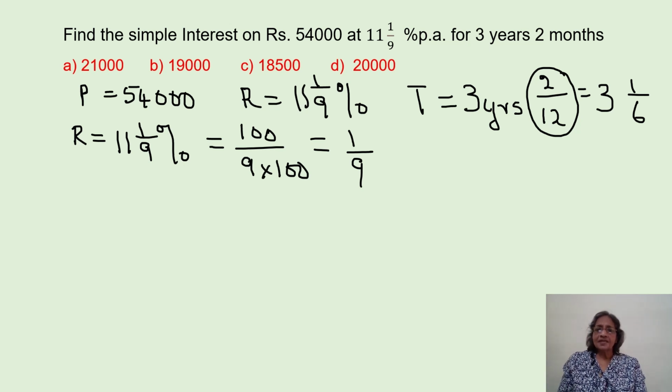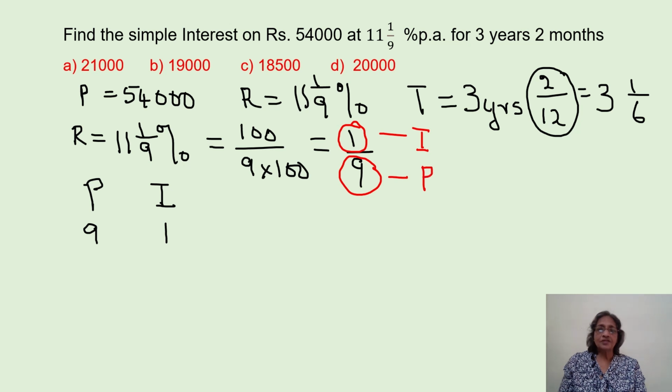As I told you earlier, when I explained in the beginning, what happens when we have the ratio? Numerator becomes the interest and the denominator becomes the principal. So principal and the interest. Principal is 9, interest is 1. Where did I get this from? Here. This becomes the interest and this becomes the principal.